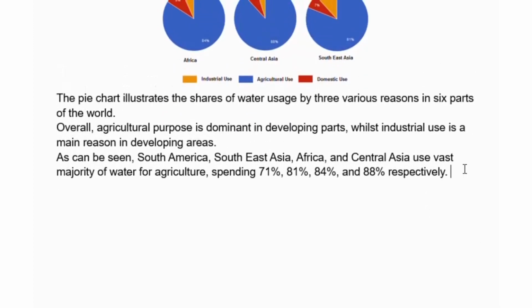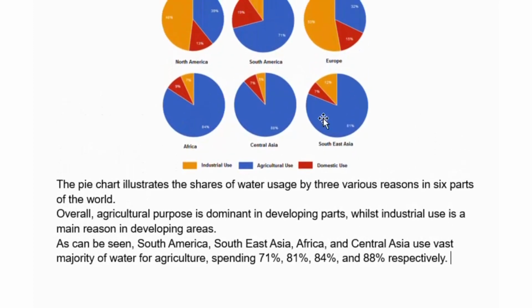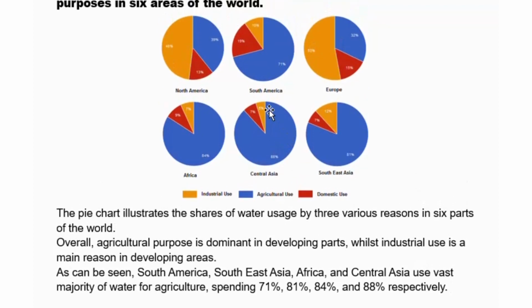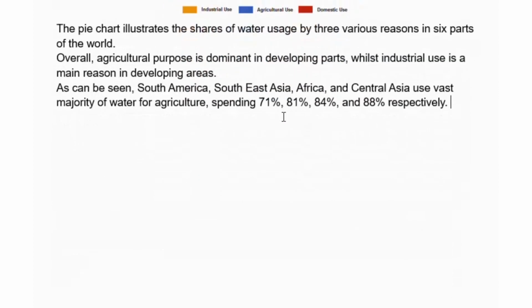Now we move to describing clearly in detail, and we continue with domestic usage. As you can see, domestic usage is high here, but in these cases it's lower than 10%. I'll mention this now.